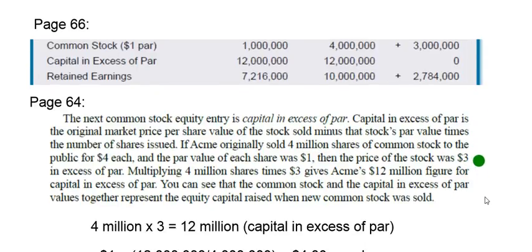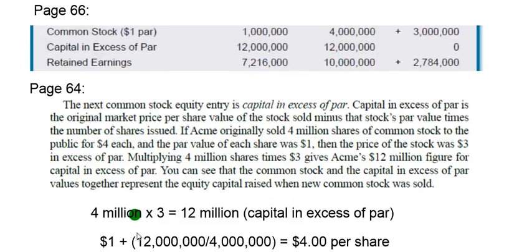So the price of the stock was $3 over or in excess of par, because $4 is $3 over 1, right? So when we multiply the 4 million shares that were sold times the $3, we get the 12 million for capital in excess of par.